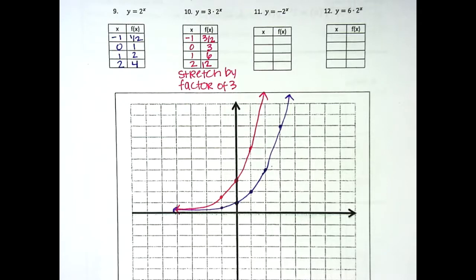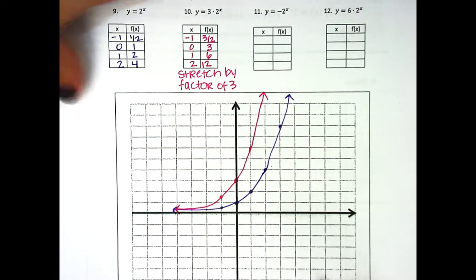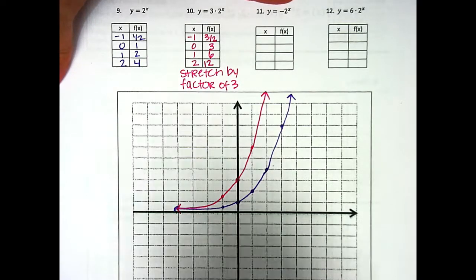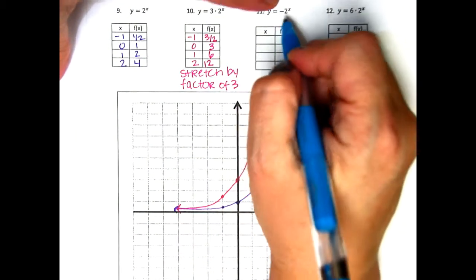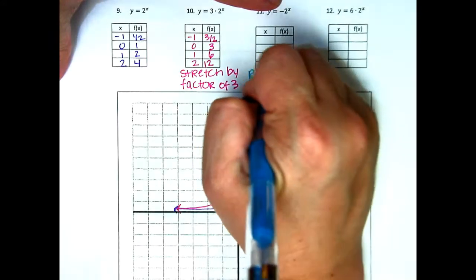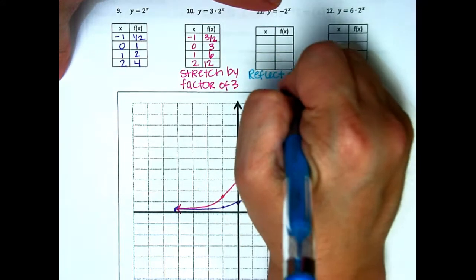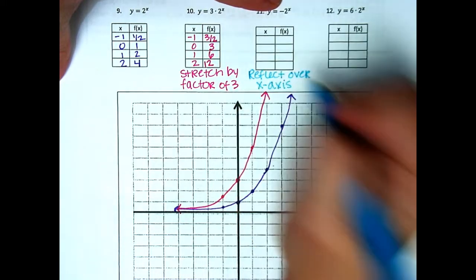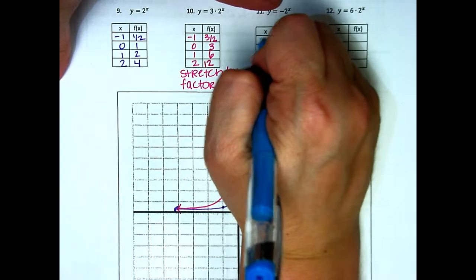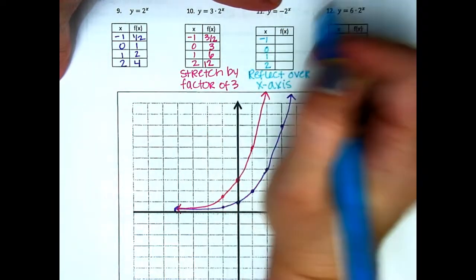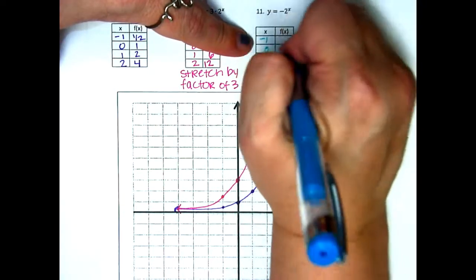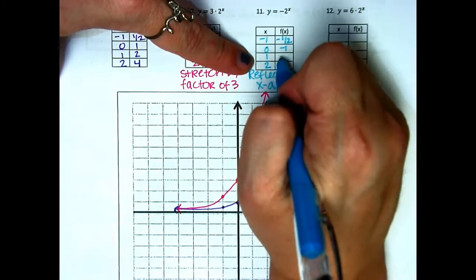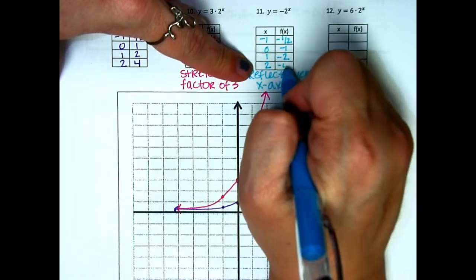Okay. My third one is y equals negative 2 to the x. And let's make a prediction based off what we know on A. If we do it correctly, when A is negative, it's a reflection over the x-axis. So I'm going to use the same domain, negative 1, 0, 1, and 2. So when I plug negative 1 in, I get negative 1/2. 0 is negative 1, 1 is negative 2, and 2 is negative 4.